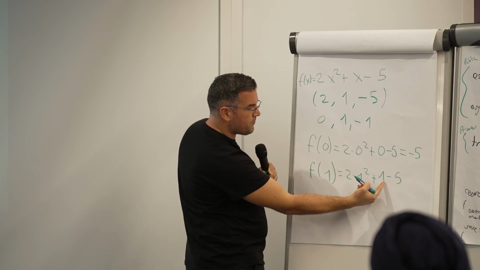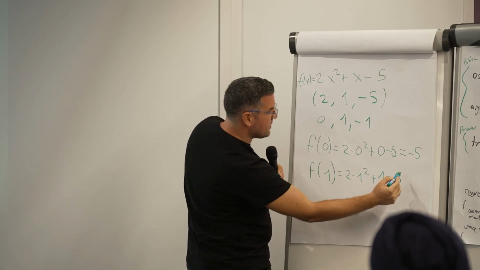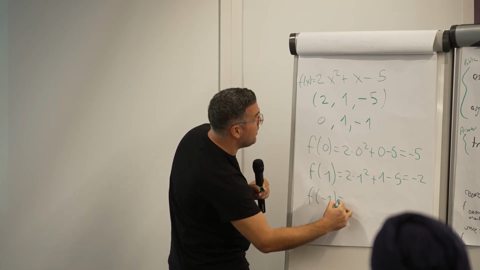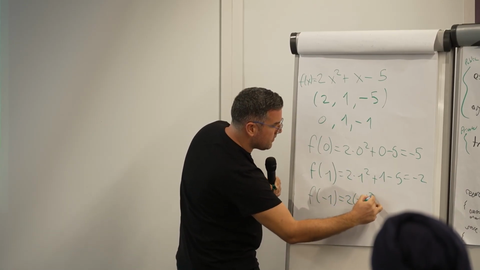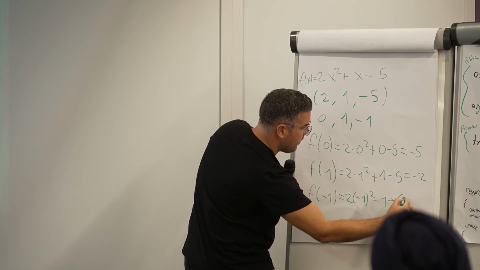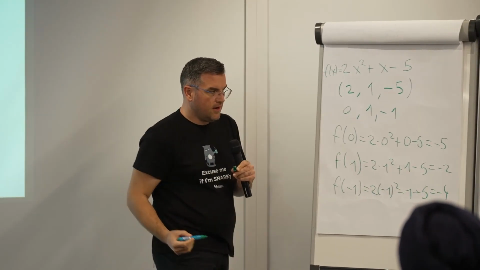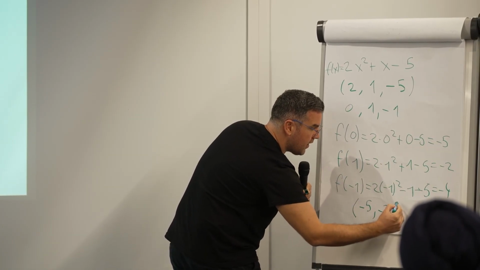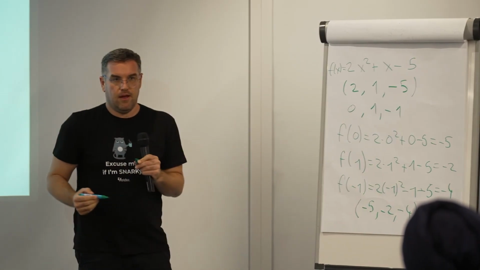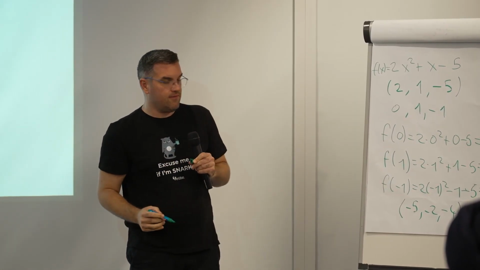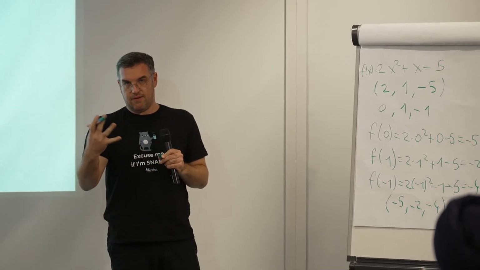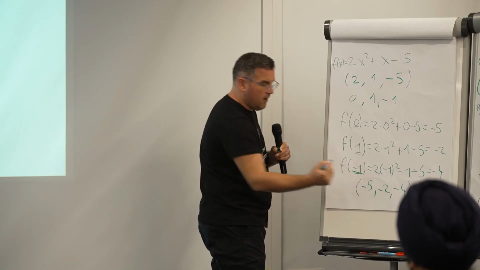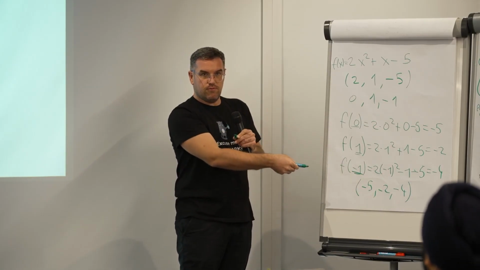So 2 plus 1 is 3, minus 5 is minus 2. And then finally, the value at minus 1 would be 2 times minus 1 squared minus 1 minus 5, which is just minus 4, right? Then you would be just storing the three values, minus 5, minus 2, and minus 4. These are the two ways of representing the very same polynomial, but in different forms. And once you know what those fixed evaluation points are, you can go back and forth between the two representations. Yeah?